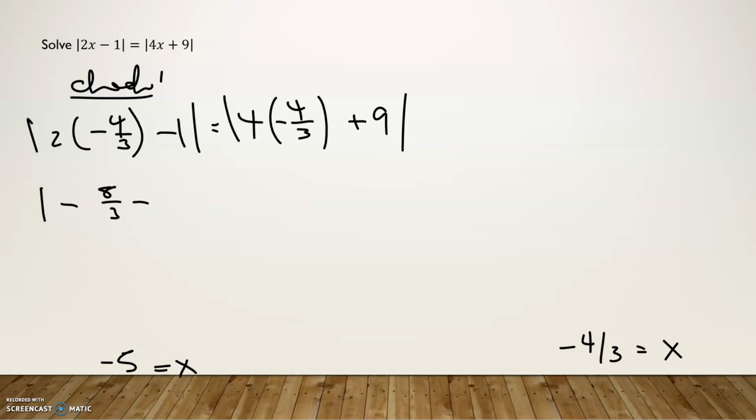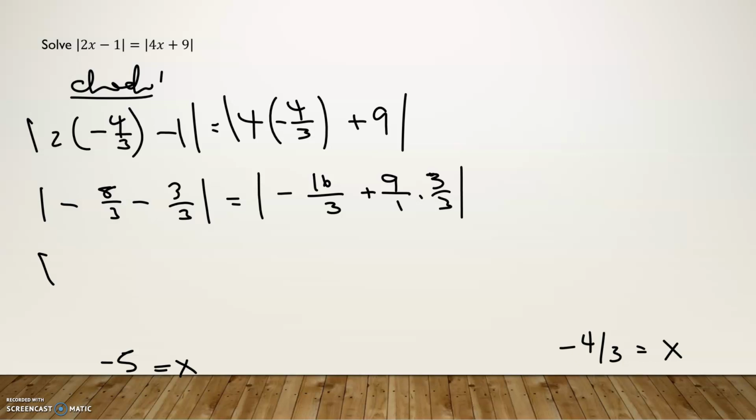I'm going to change this 1 to a 3 over 3. Looks like we've got negative 4 times 4 is 16 over 3 plus 9 over 1. I need to multiply that times a 3 over 3. Let's see, we've got negative 8 and negative 3. So negative 11 over 3 is equal to negative 16 over 3 plus 9 times 3, 27 over 3.